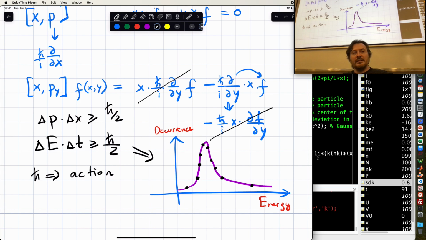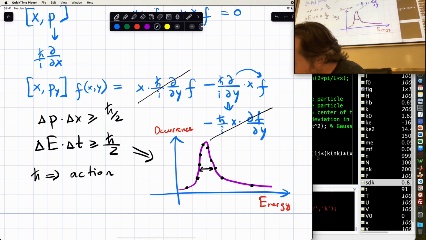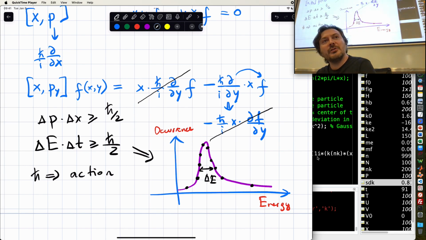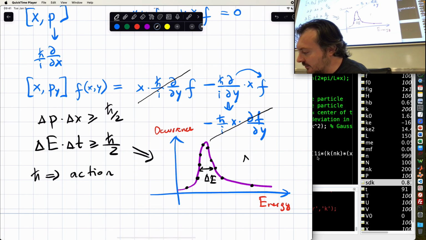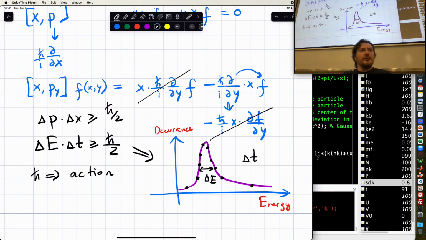If you calculate that, you will get this. And basically, this is delta E, and the amount of time that it lives is delta T. And if you multiply them, it's around h bar over 2. At least it's higher than that, for sure. Okay?